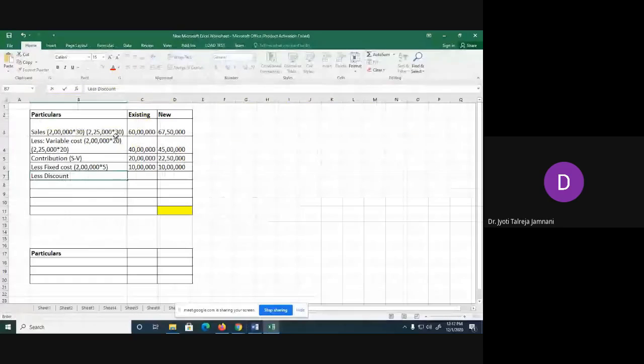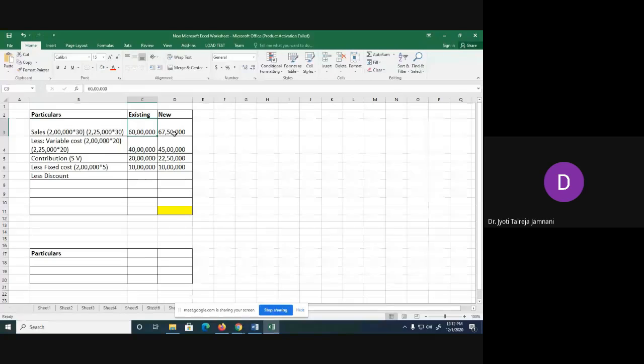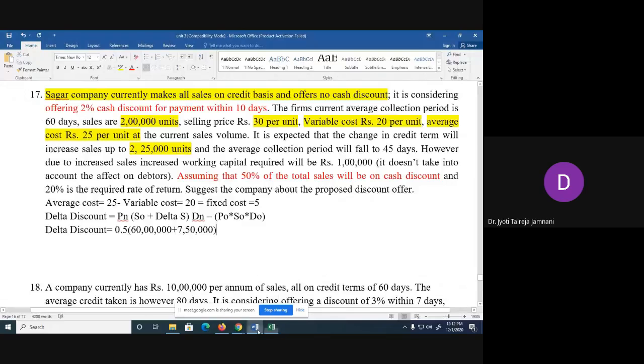If you could see here, already if you do 2 lakh into 30, you already have 60 lakh worth sales. Now only 25,000 extra units are increasing. So the sales have become 67 lakh 50,000. So the difference between the two, that is 7 lakh 50,000, is the new sales or increased sales. So 60 lakh existing sales plus 7 lakh 50,000 new sales. That is delta S, additional or increased value. Okay, into new discount. Any doubts on how I took delta S?